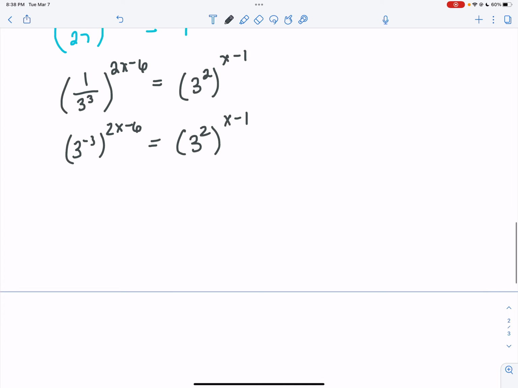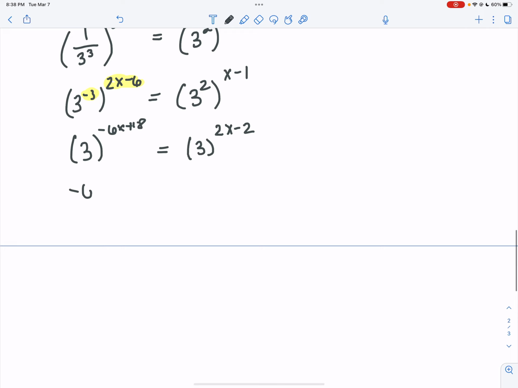Then I am going to use the power property. And I'm going to multiply -3 and 2x minus 6 to get -6x plus 18. And I'm also going to get, let's see, 2x minus 2. You'll notice that my bases are now the same, so I can drop them and just solve for the exponent.